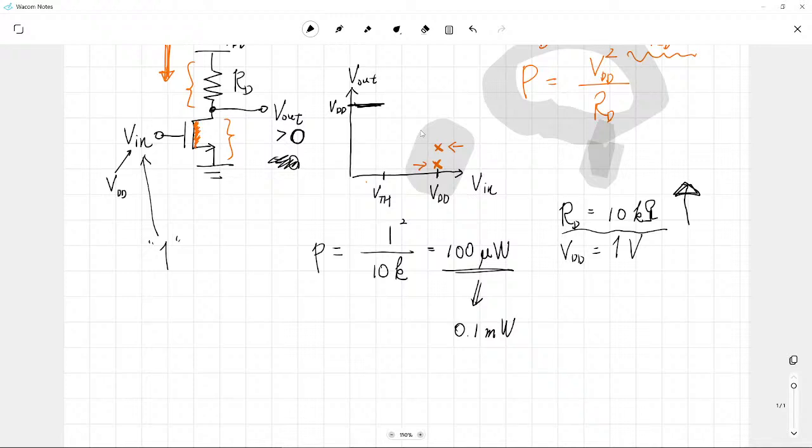Then let's think about the extreme case. Now you have a really huge resistor here, and just a normal transistor here. Think about this extreme case. What will happen to your technology?